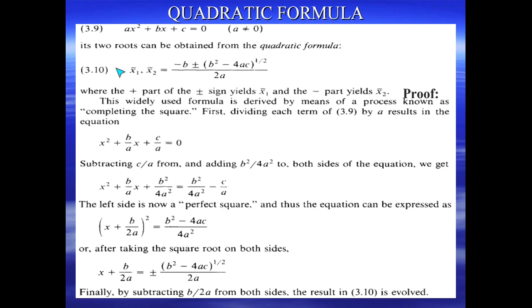So we obtain really this expression: x1, x2, x1 bar, x2 bar, or x1 star, x2 star, or x1e, x2e for equilibrium, is equal to minus b plus or minus, because here we have minus b over 2a, which has the same denominator. So we can put all together in the same denominator and say minus b plus or minus the square root of b squared minus 4ac over 2a. You see, we proved, we obtained the same expression. So this formula is correct.